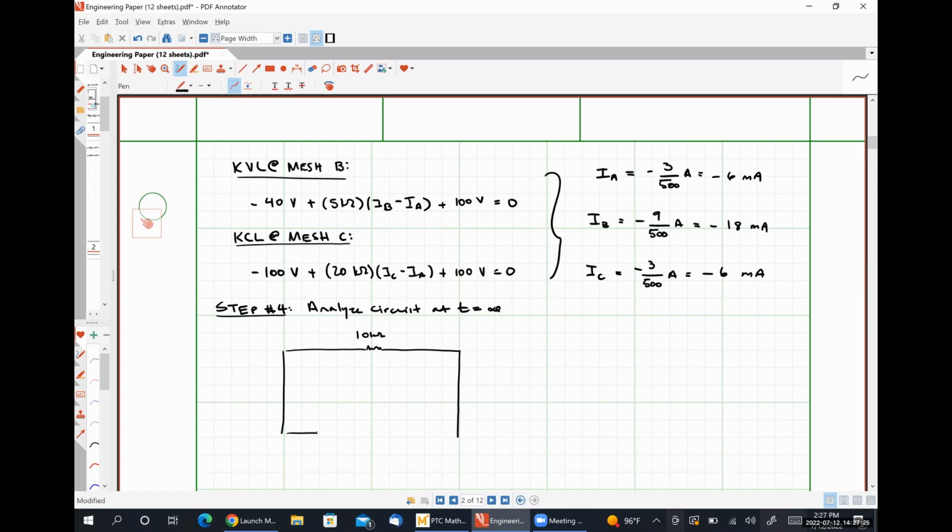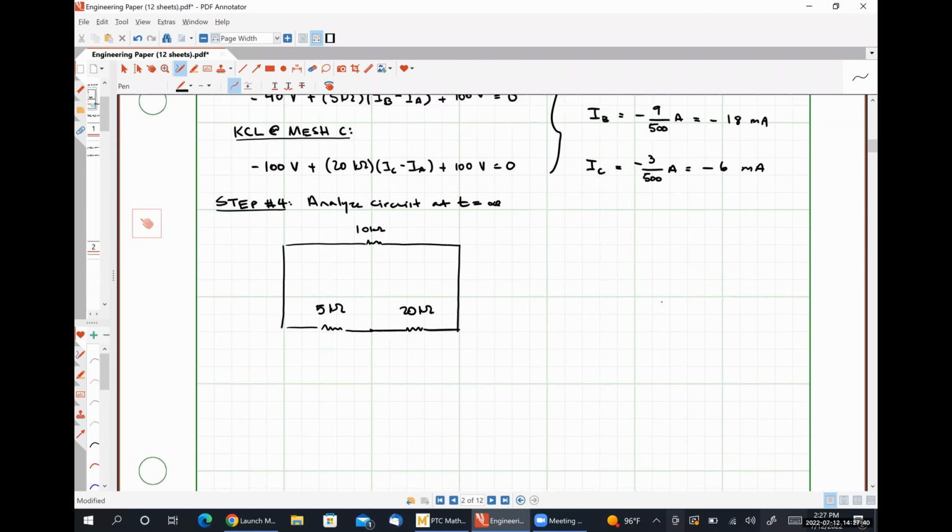Here is our 5 kilo ohm resistor. Our 20 kilo ohm resistor. Our 40 volt source goes here.